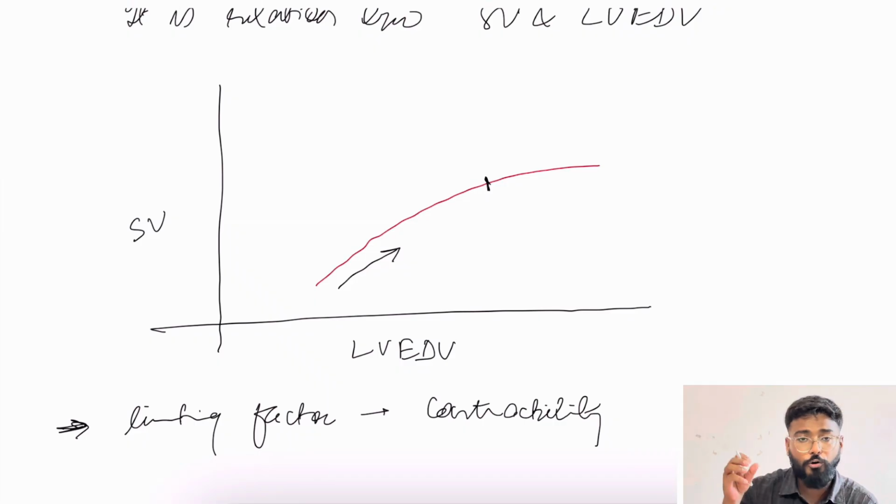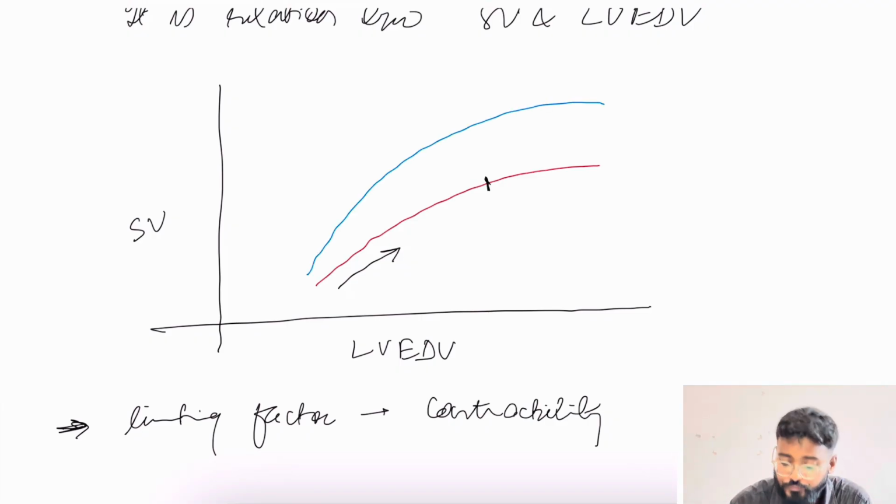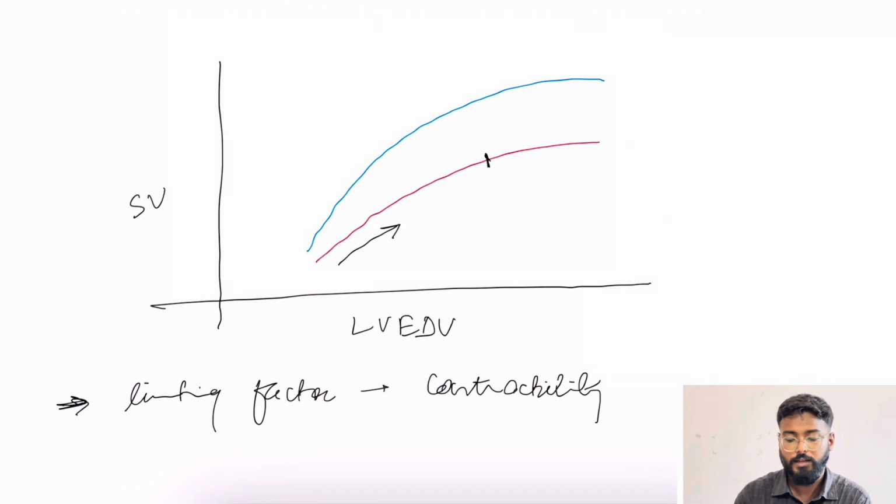So whenever the contractility increases, don't you think that at a certain left ventricular end diastolic volume, there will be more increase in your stroke volume? So your graph is going to shift upwards. That is the case of positive inotropes.